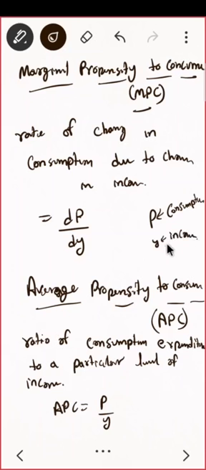The same you will be having for saving, that is marginal propensity to save. What will that be? That will be your MPS.